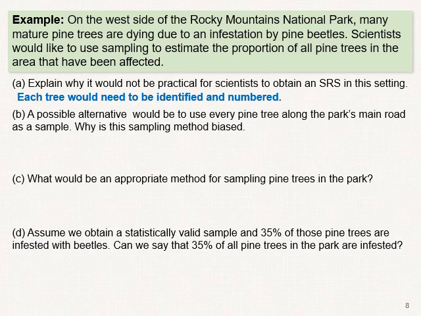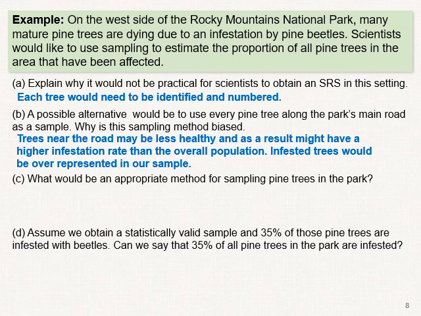All right, so part B then, a possible alternative is let's just go along the main road and we'll look at trees that are next to the main road. Is that good, or why is this sampling sort of biased? So it could be that the trees next to the road have to deal with a lot of carbon monoxide and carbon dioxide from cars, and so maybe those trees are not as healthy.